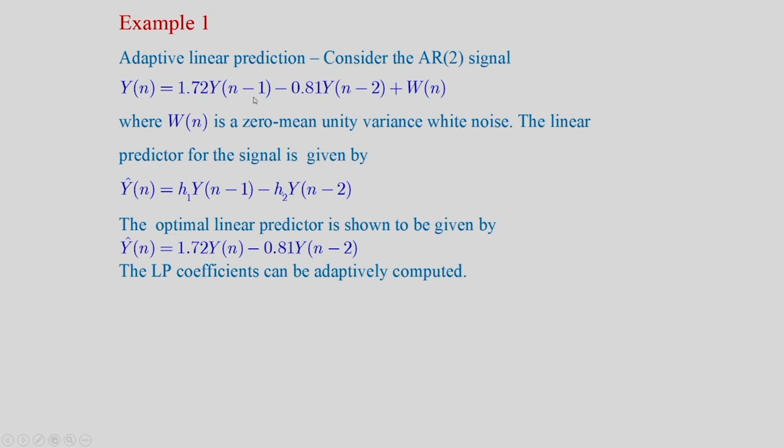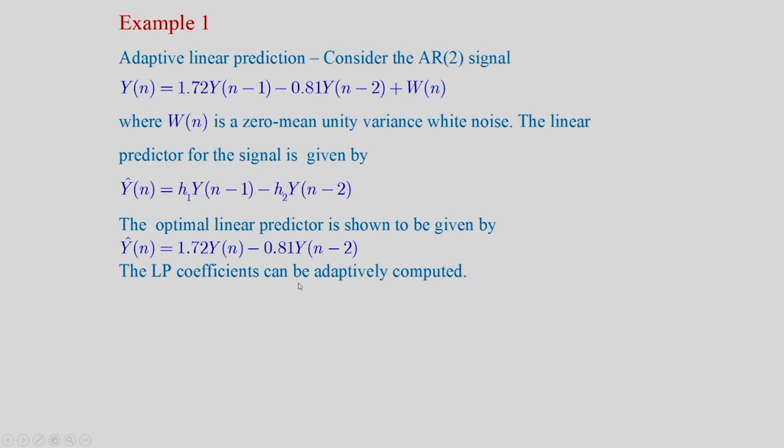This is an autoregressive process of order 2, and the second order linear predictor for this signal is given by y hat n equal to h1 times y n minus 1 minus h2 times y n minus 2. Under the optimality condition, the linear predictor is the same as the AR process terms, so y hat n is equal to 1.72 y n minus 0.81 times y n minus 2.